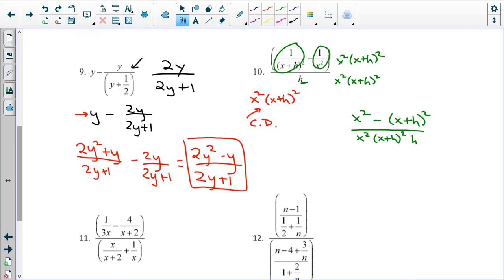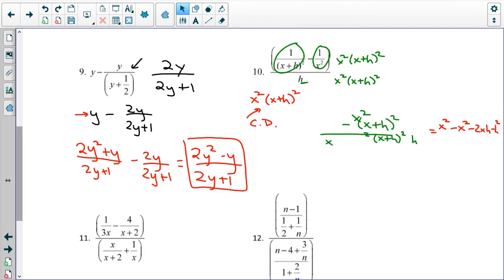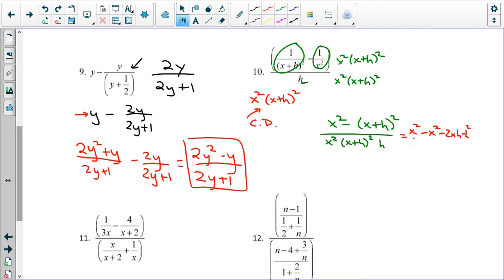Now, what I can do is distribute the numerator, because I might end up being able to cancel something. So if I distribute the numerator, I get x squared minus x squared minus 2xh minus h squared. And then the denominator ends up being x squared times x plus h squared times h.